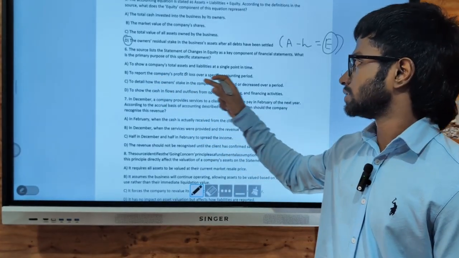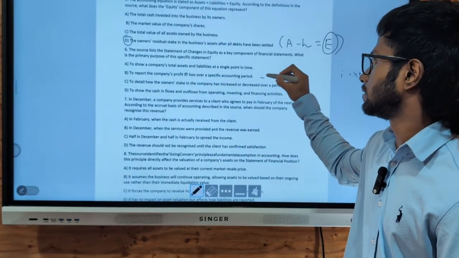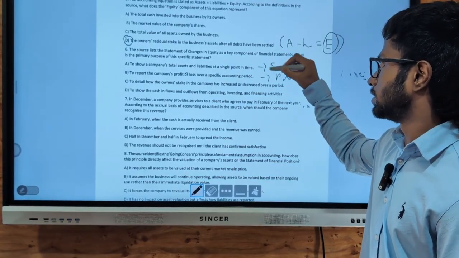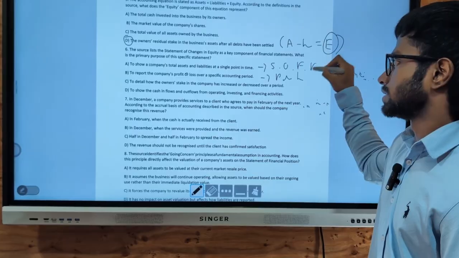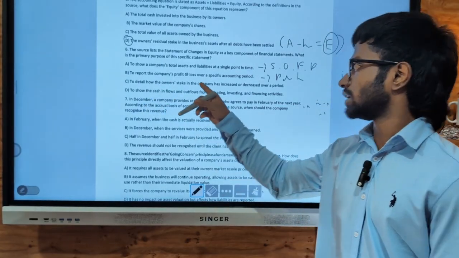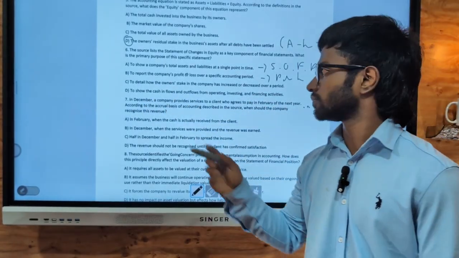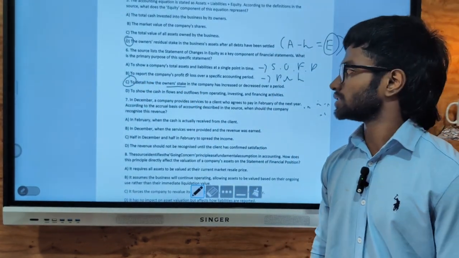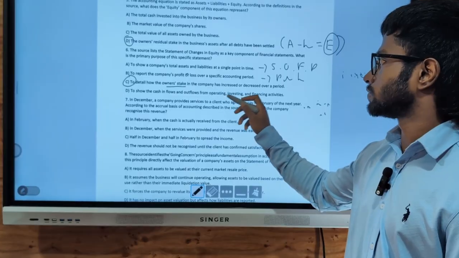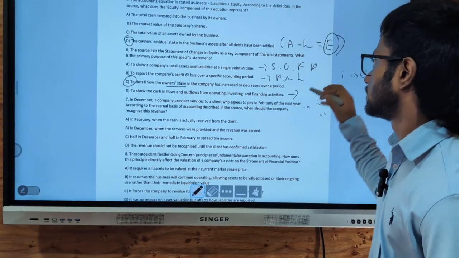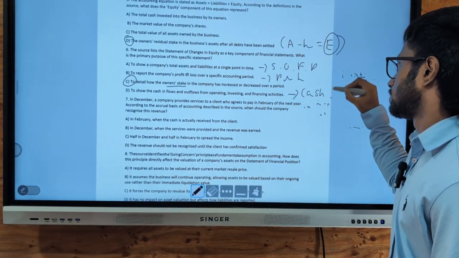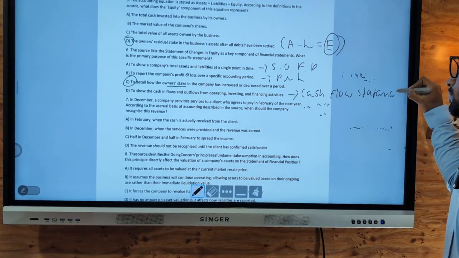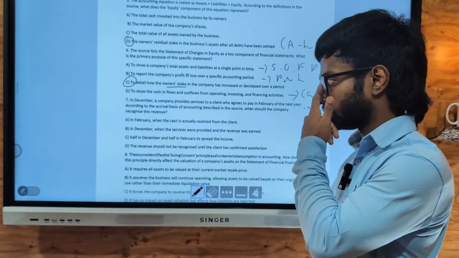To report the company profits and losses, that you record in the P&L. So here, this is shown in your assets and liabilities. To detail how owner's stake of the company has increased or decreased, that is shown. What belongs to the owner's stake, how that has changed, you show. Answer number C. To show the cash flow inflows and outflows from operating, investing, and financing, that is from your cash flow statement. This you'll learn, going ahead, don't worry.